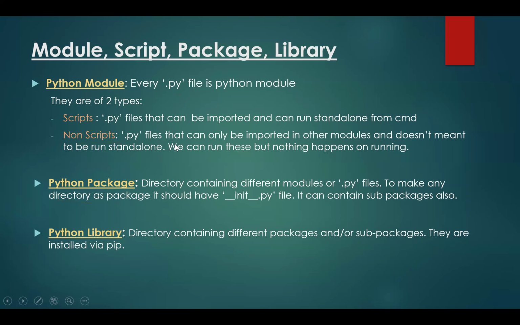Now let's talk about some examples of Python modules. Some examples of Python modules are math.py, os.py, and so on. Some examples of Python packages that we have seen: collections is one of the packages.